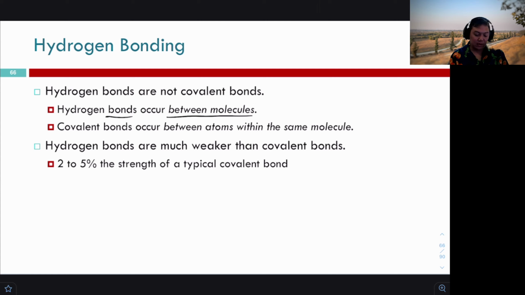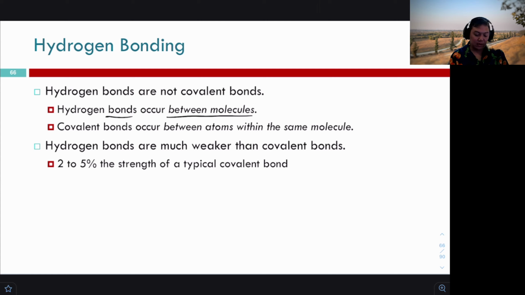So hydrogen bonds are much weaker than covalent bonds, typically 2 to 5% of that strength. So while these are still weaker, I can do another one of these, weak and then strong in terms of bond strength or intermolecular force strength.